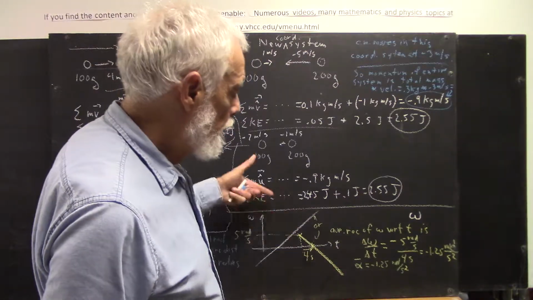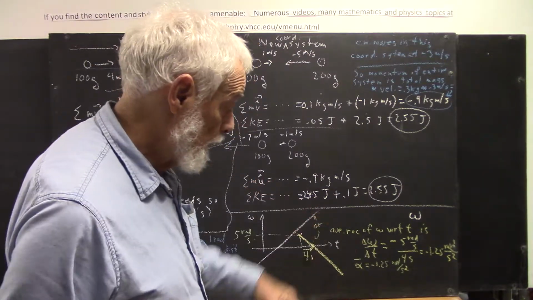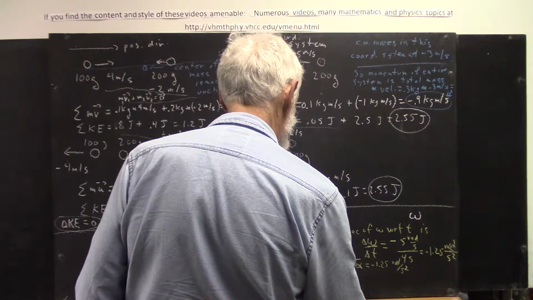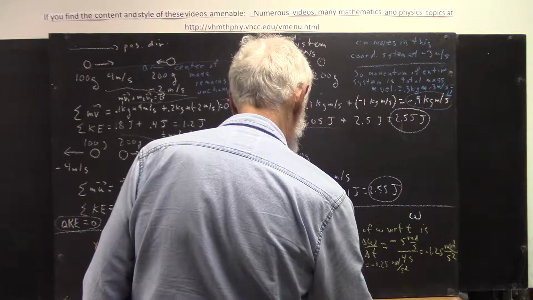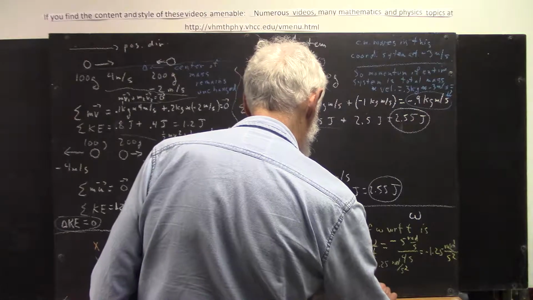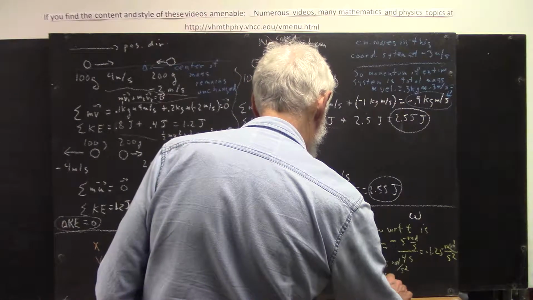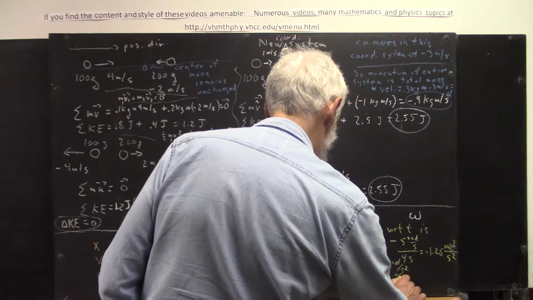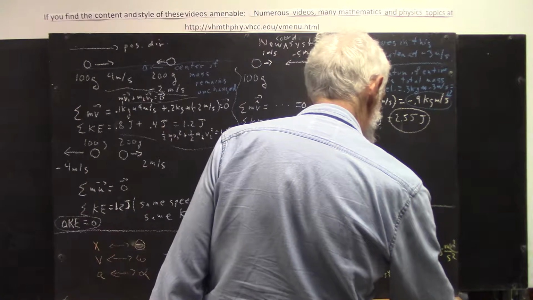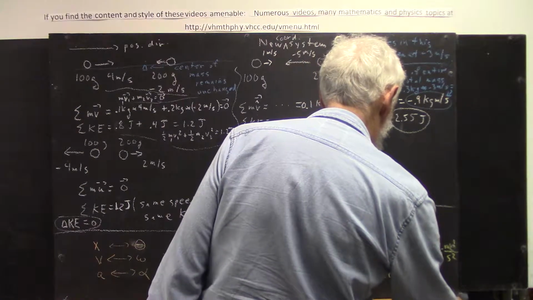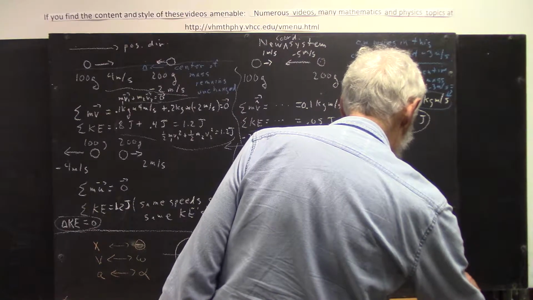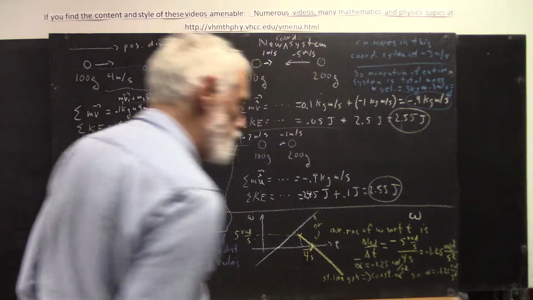Now, if we're told that the graph is a straight line, that means the angular acceleration is constant. So a straight line graph implies constant slope, constant rate of change. So we can write just plain old alpha equals negative 1.25 radians per second squared.